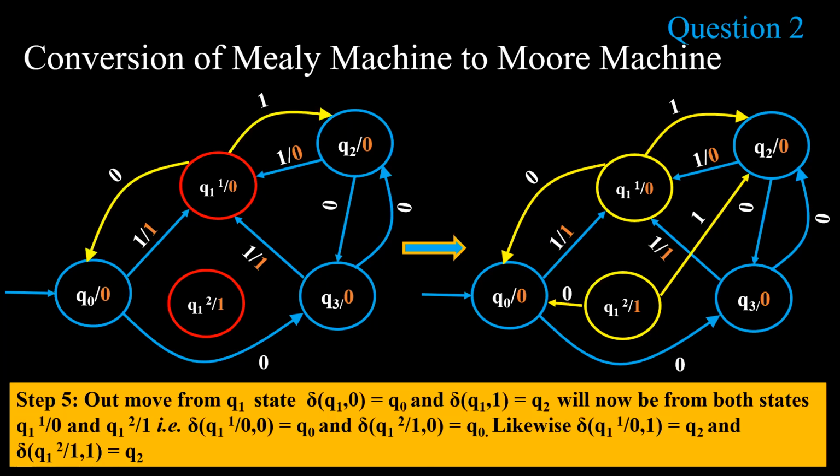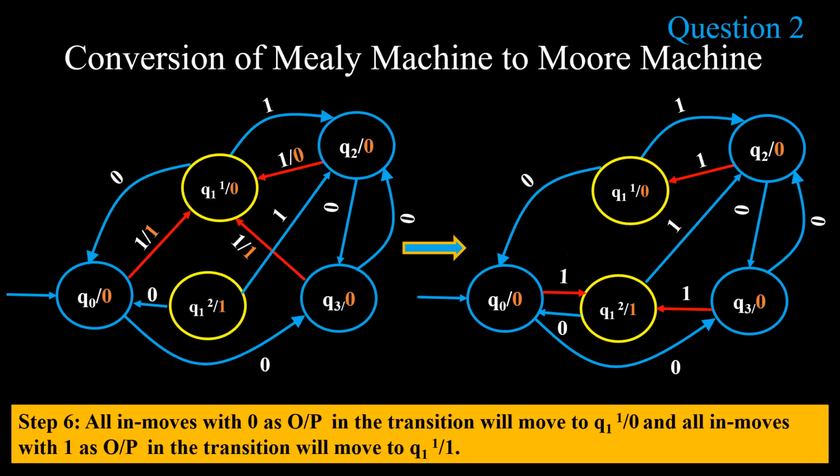Next we need to consider all the in moves which were coming to Q1 initially. All the in moves which were coming with output 1 will move towards the split state with output 1. All the in moves which were coming with output 0 will move towards the state with output 0.